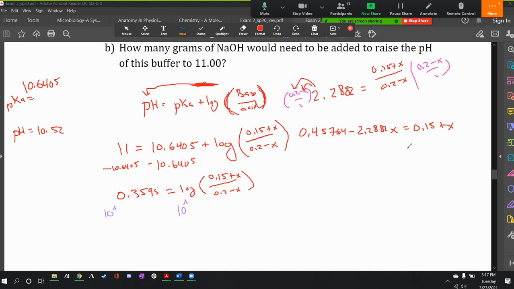Cool, we're almost there. Okay, so I'm gonna subtract 0.15. The whole goal is to get x by itself, right? So let's get rid of this 0.15 on both sides. So minus 0.15, 0.30764 minus 2.2882x equals x. Now we just need to combine those x terms. So add this x term to both sides.